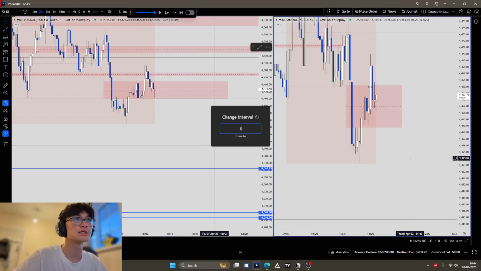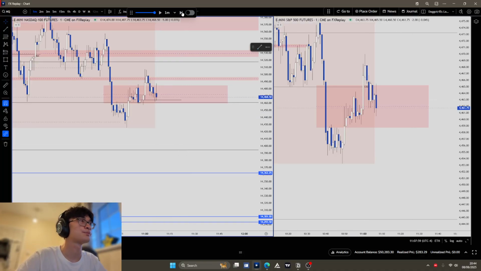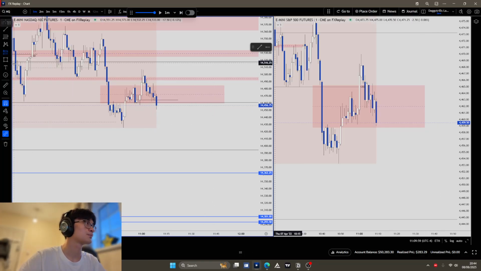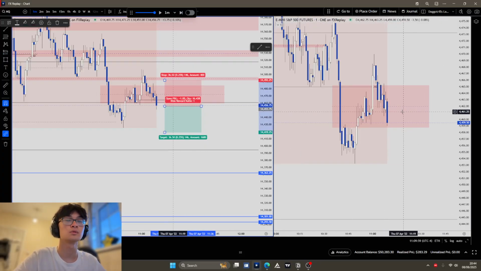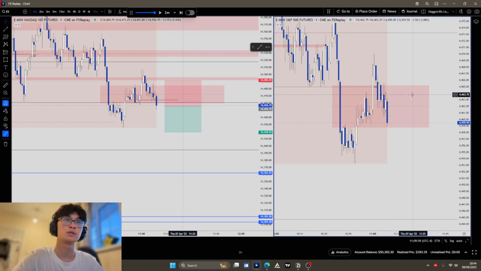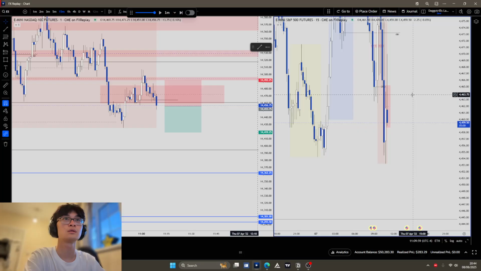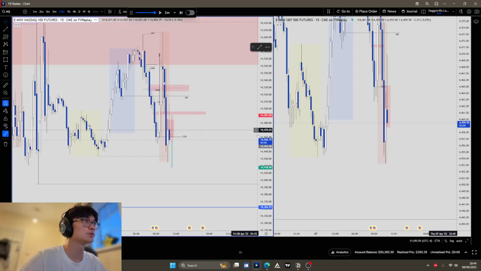If they displace now above this change, then this would be definitely an entry. Beautiful. Yes, kind of looks cleaner. 15-minute gap. Same for NQ.